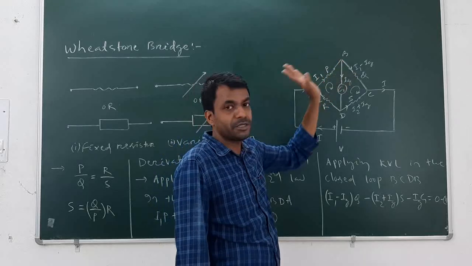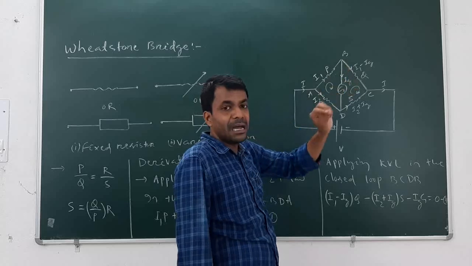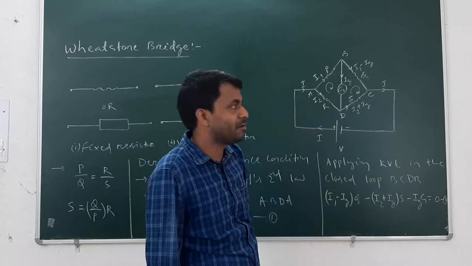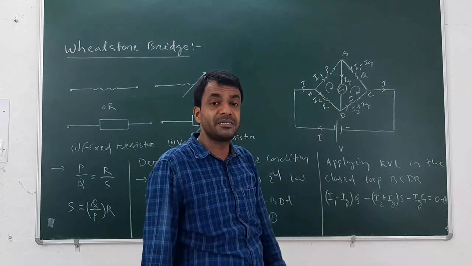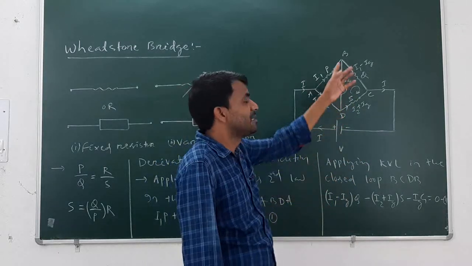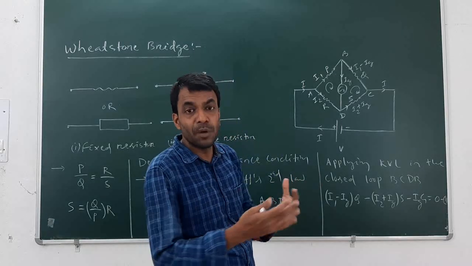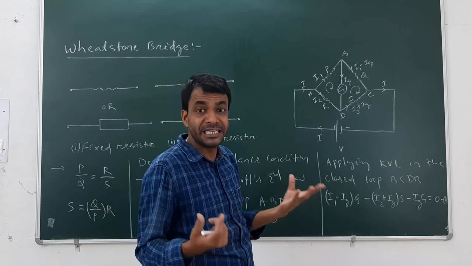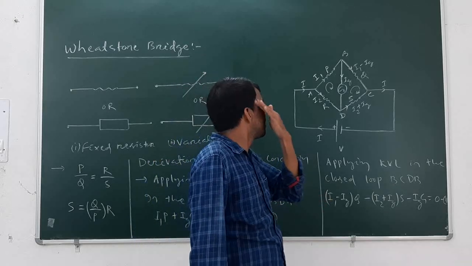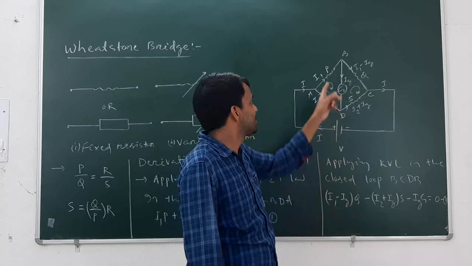Coming to junction B, at this junction I will apply Kirchhoff's first law. What is Kirchhoff's first law? The total current at a junction is 0, meaning the leaving current plus the incoming current sums to 0. Here this is the meeting current and these two are leaving currents.